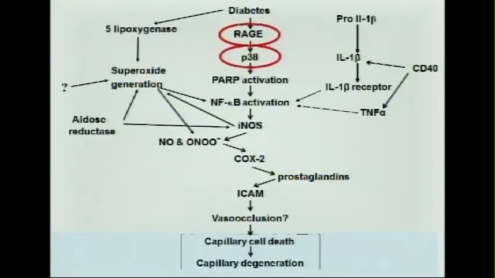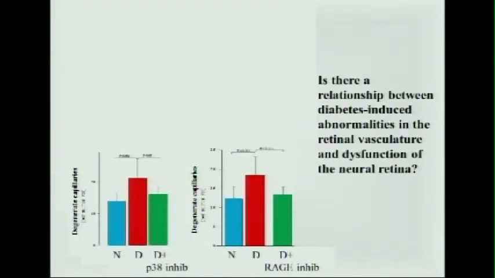So it remains to be determined, what do we call diabetic retinopathy? Is it based on the vasculature? Is it based on visual function? Because right now, that's a question that is coming up a lot more. I just want to show you two therapies that we have tested before that stop the capillary degeneration. Here's the data.